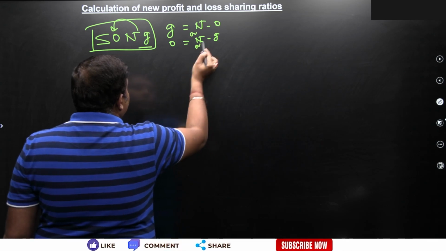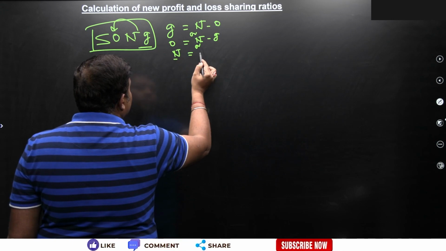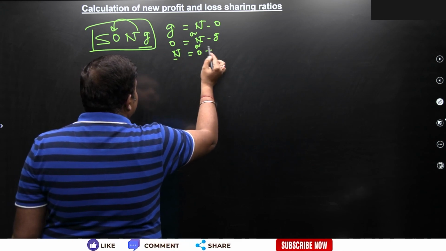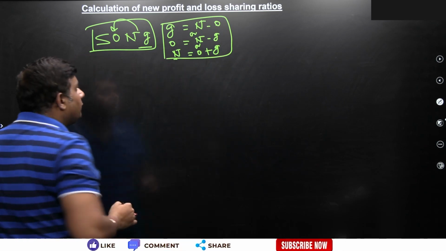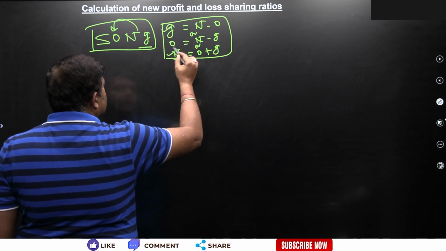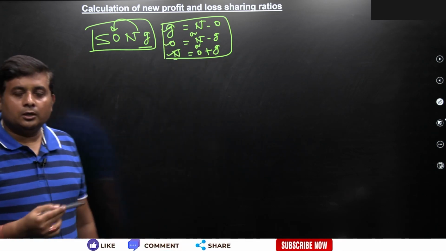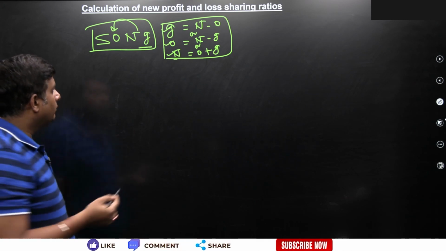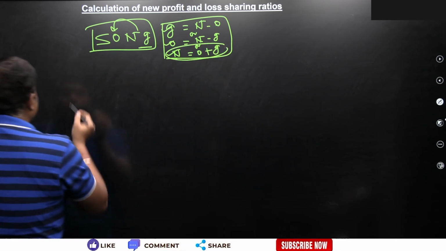And if they ask you to calculate the new ratio, the formula is simple: old plus gaining. Most questions in your exam can be asked on this. So let's talk about calculating the new ratio. Whenever you calculate the new ratio, the formula is old plus gaining ratio.